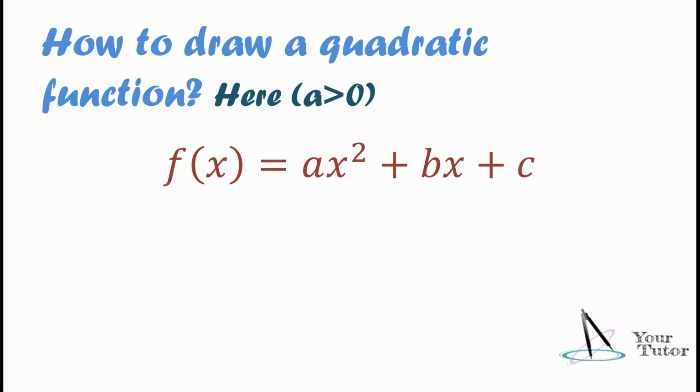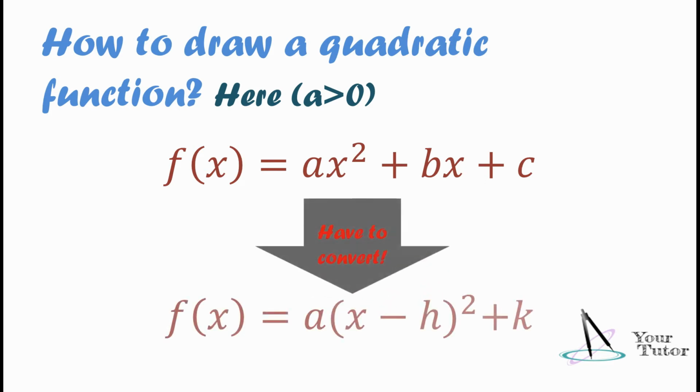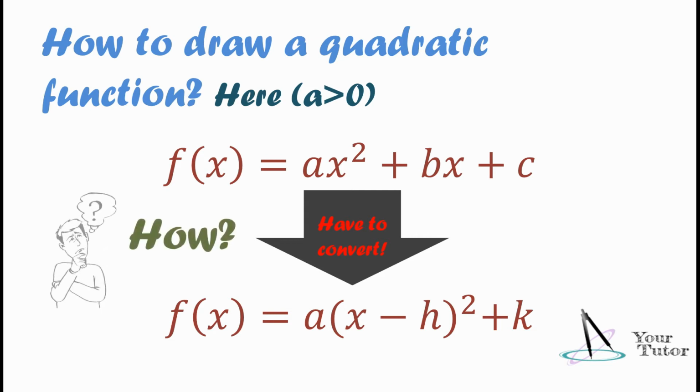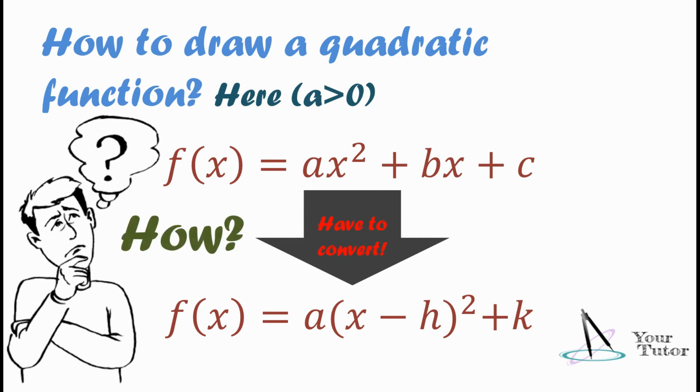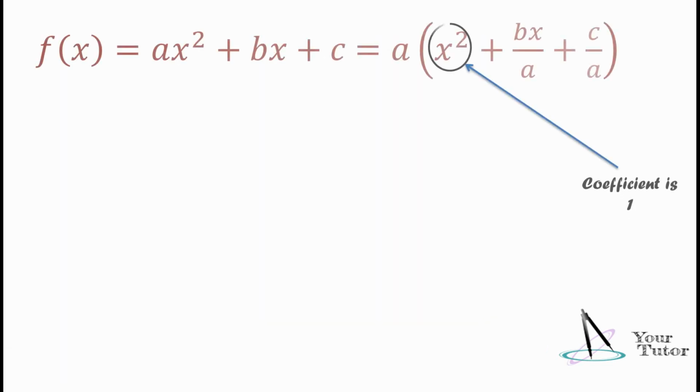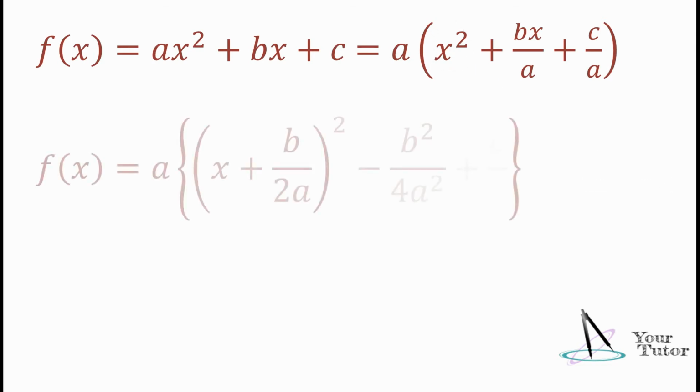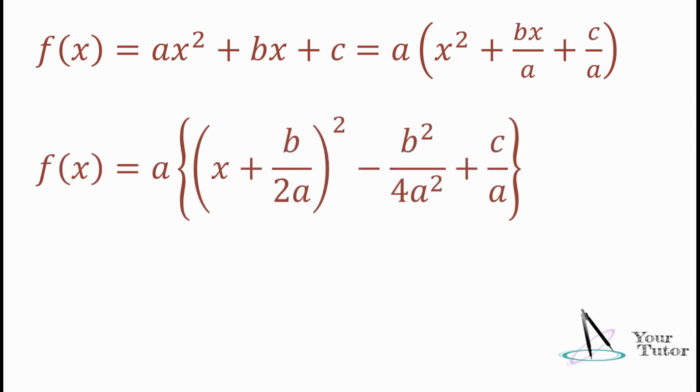For that, we have to convert the standard form to vertex form. But, how? And why? Wait and see. First, take the term a as a common term from the whole expression. The intention is to make the coefficient of x to the power of 2 as 1. Then we have to make a complete square so that we can get x to the power of 2 plus b x divided by a.